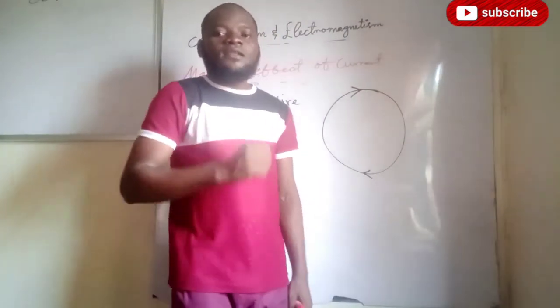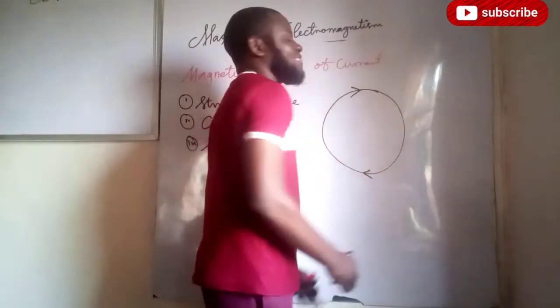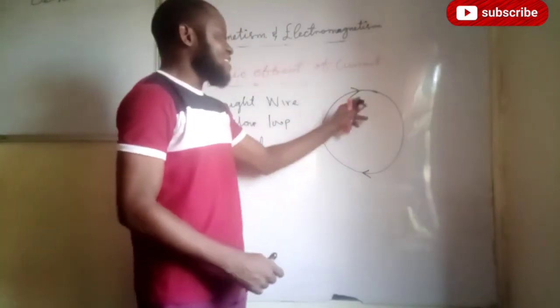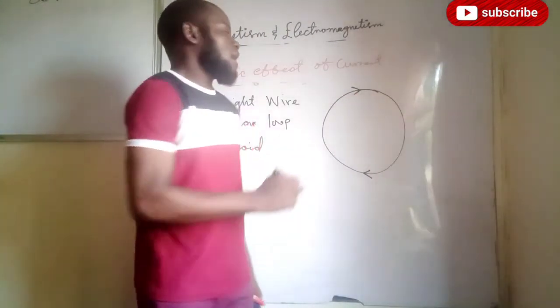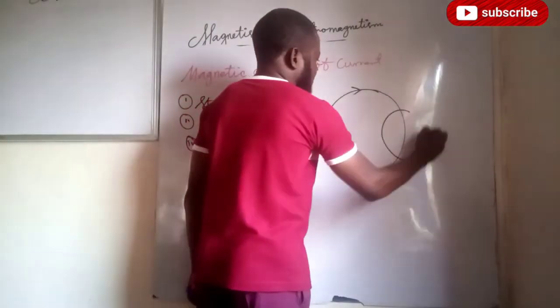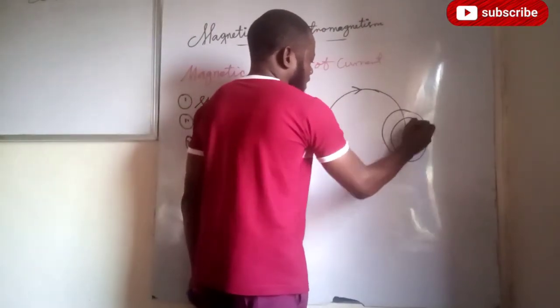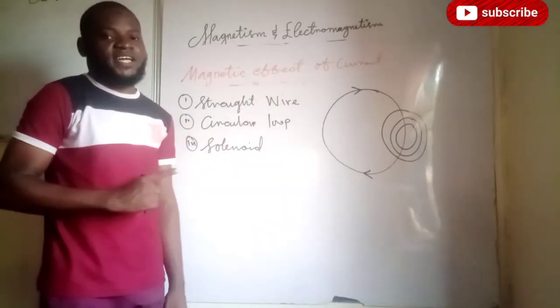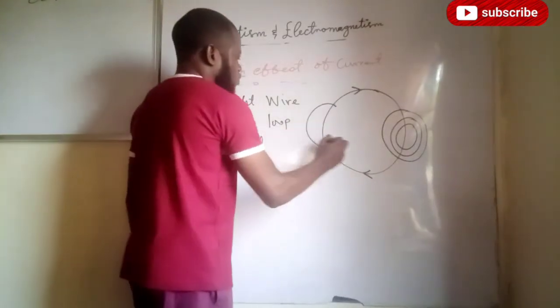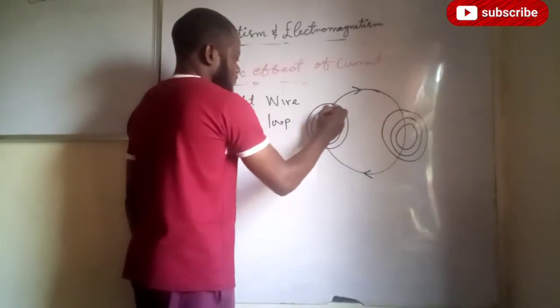Are we together? Now, if I assume that this is like a straight line, you will see that this particular arrow is pointing in downward direction, and is going to create a circular loop just like the straight wire that we have initially. The same thing is what we are going to have here.